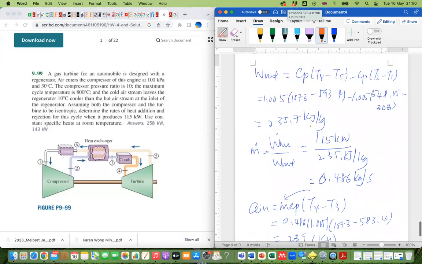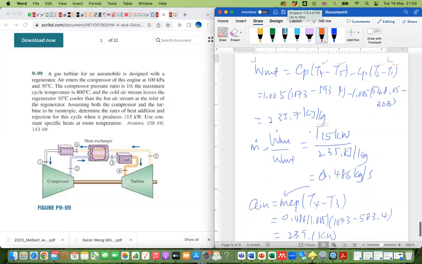Okay, so let's have a look. The net work input is the work of the compressor minus the work from the turbine. So since I have my T4, T5, T2, and T1, plug everything in, then I can have my net work. But the question asked is they are looking for the mass.